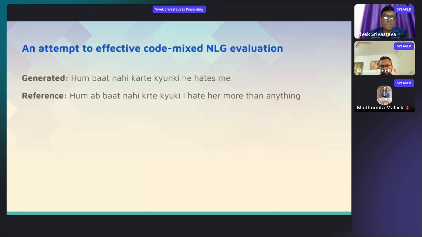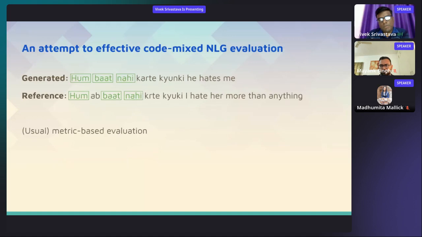There is a reference sentence as well, and the usual metric based evaluation will just match them directly. They do a direct matching of the words, and then a score is assigned for how correctly you have generated the sentence. But that's not really correct.